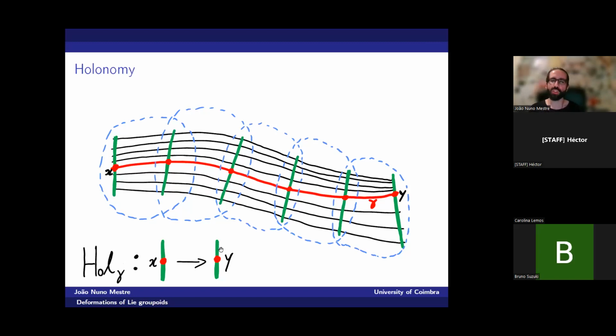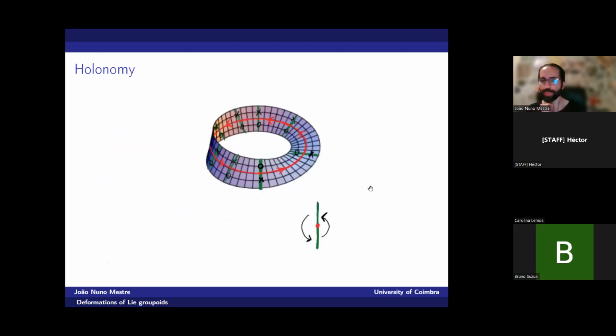Of course, this is not completely well defined because I chose transversals, but if I choose to instead work with germs of diffeomorphisms, this will be well defined on a germ of transversal around X and the germ of transversal around Y. So for each path inside of a leaf, I get a holonomy transformation between germs of transversals, okay?